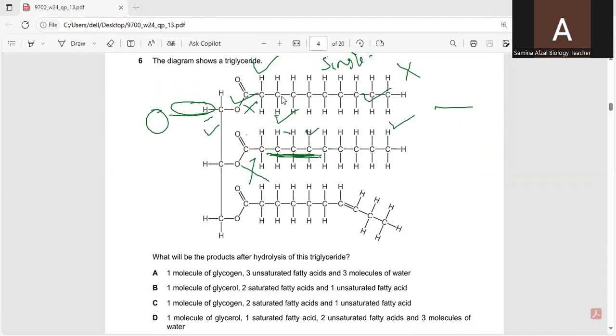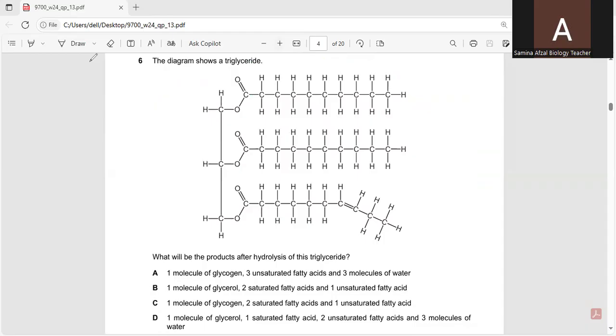Question number 6 is on screen now. The diagram shows a triglyceride. You can see the triglyceride over there. So they have given us 1 glycerol and 3 fatty acid molecules.